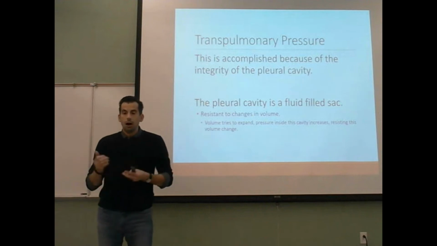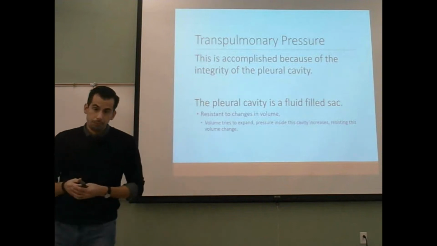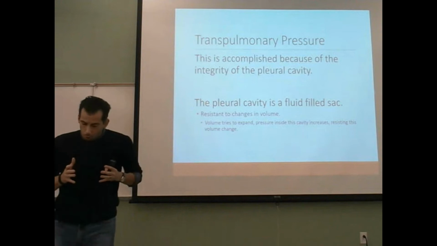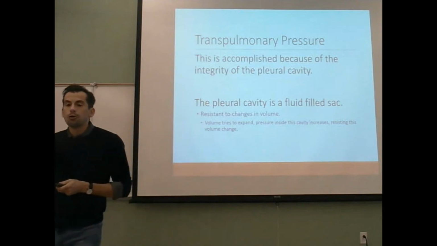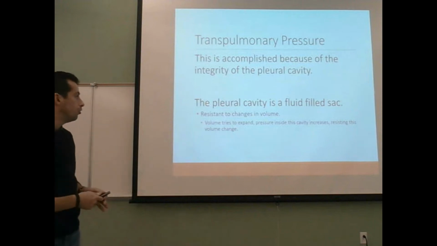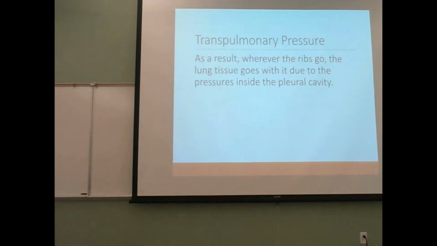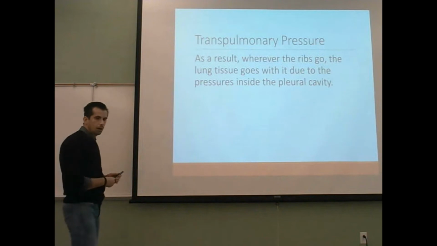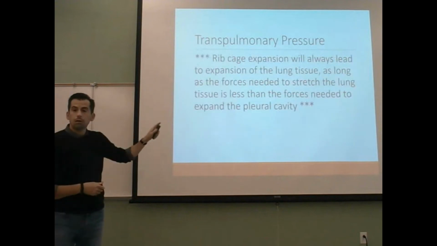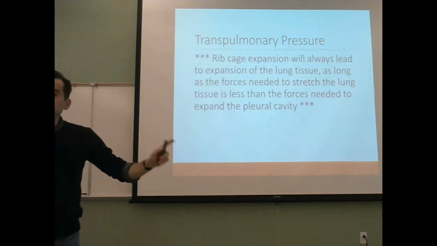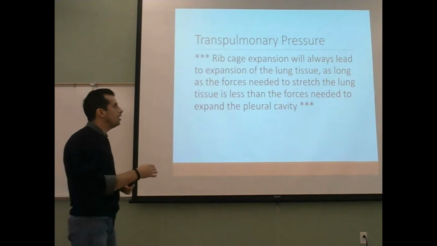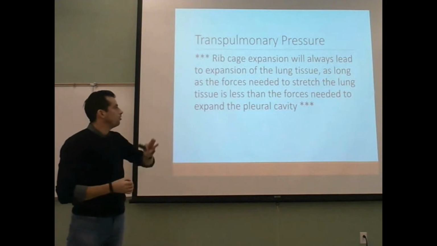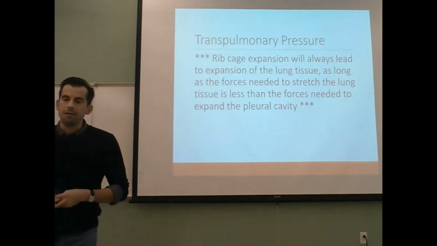And now we've got a war of two forces. We've got the forces involved with moving the rib cage up and out versus the forces of stretching the lung tissue. And we wind up with the principle that rib cage expansion will always lead to lung tissue stretch as long as the forces needed to stretch the lung tissue are less than the forces needed to expand the pleural cavity.